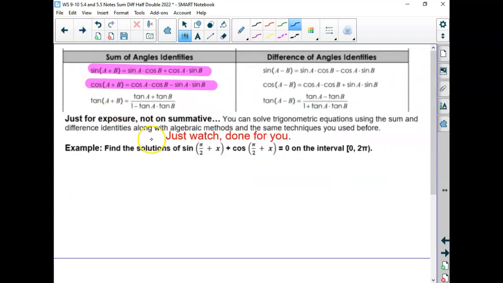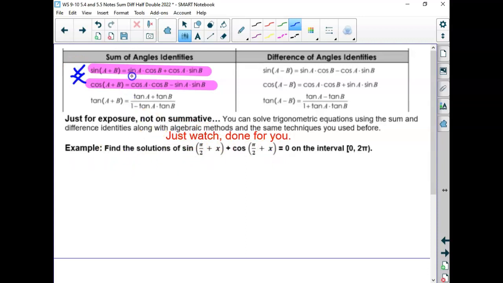All right, now, this one is done for you on your sheet, okay? This is a kind of complicated equation solving using these laws. And it says here, just for exposure, I did not put this on a summative. So if you guys could help me, we're using these two right up here, help me expand this.